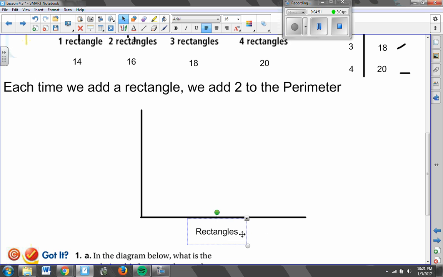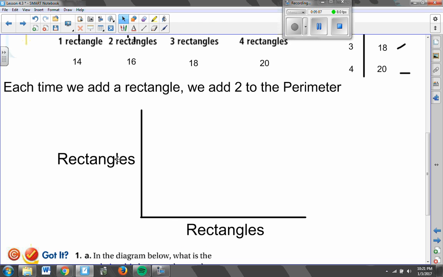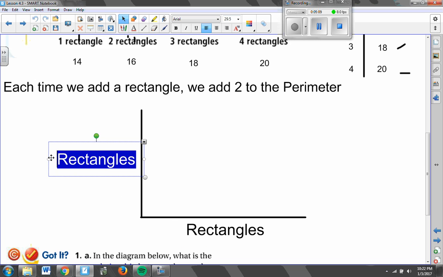Rectangles is, in this case, what I call my independent variable. It's the one that just kind of increases, right? It's 1, 2, 3, 4, 5. It just kind of goes on its own. The other variable, which I will put along this y-axis, this up and down line, is the perimeter. That variable depends on the number of rectangles, right?